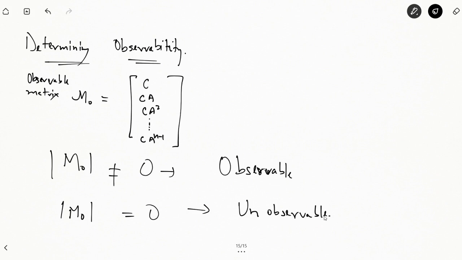So this is about two important properties that can be determined using a state space model: the property of controllability and the property of observability. Controllability means whether you can transfer all the states of the system from their initial states to their final desired states.